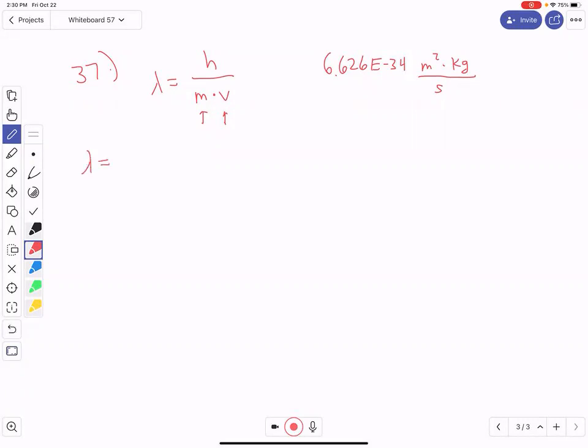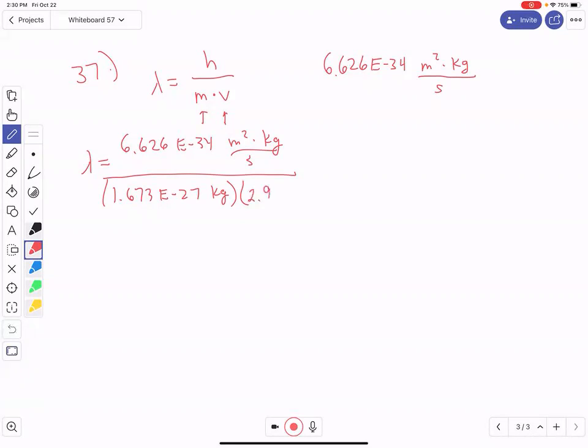So what is the wavelength of this object? 6.626 e to the negative 34 meters squared times kilograms per second over the mass, which the question tells us is 1.673 e to the negative 27 kilograms, and my velocity, it's moving nearly the speed of light, 2.9 e to the 8 meters per second.